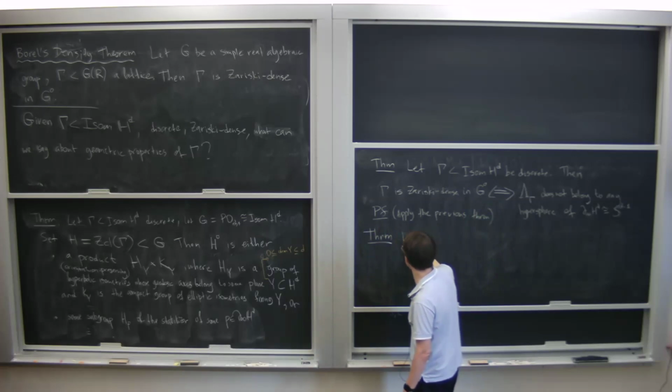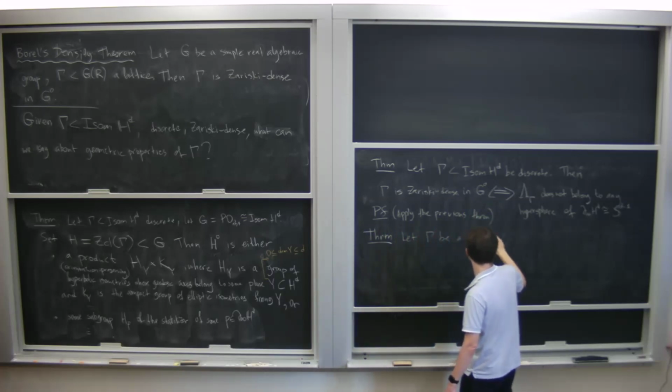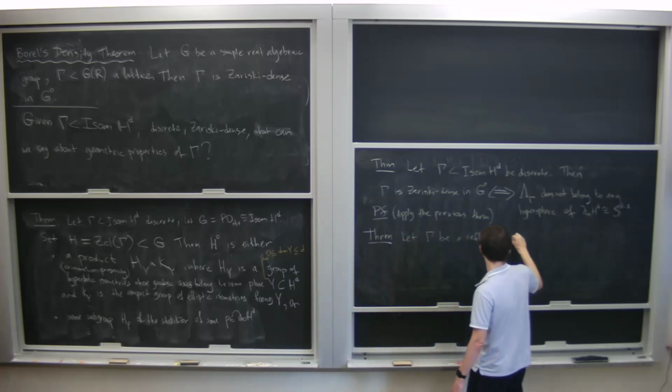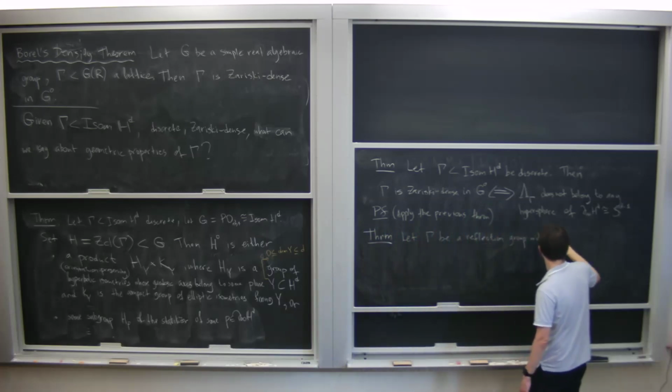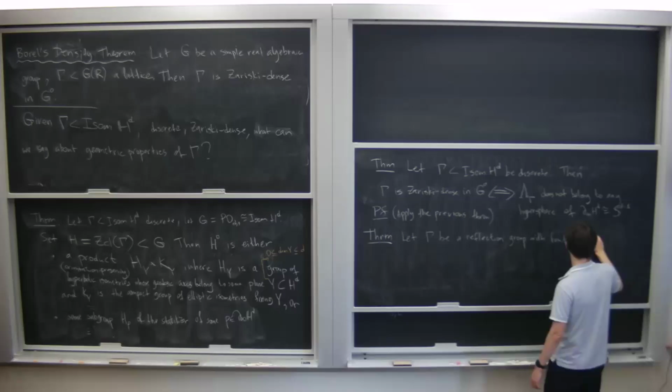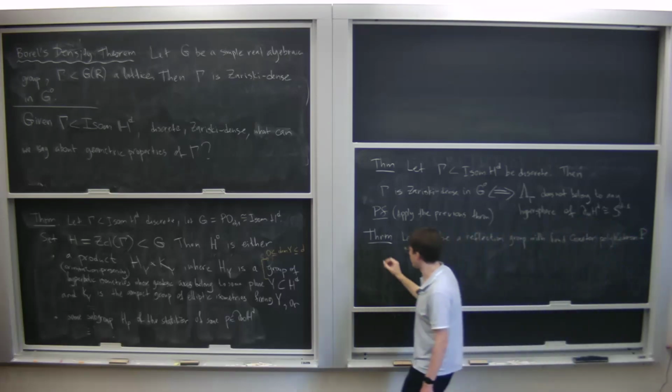Let Gamma be a reflection group with fundamental Coxeter polyhedron P.